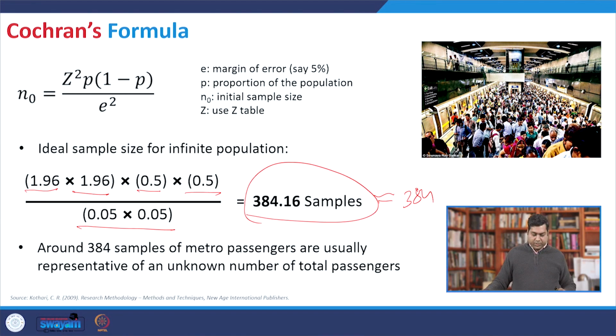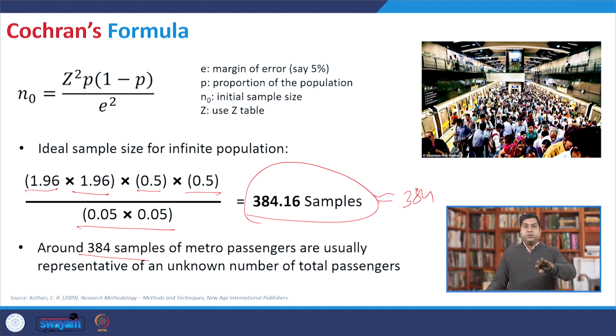Now this is generally being used, but remember, this is the minimum sample size where we do not have any other intention to do with this sample. Say for example, if you want to capture the passengers' experience, this 384 is okay when you go for an aggregate level analysis.